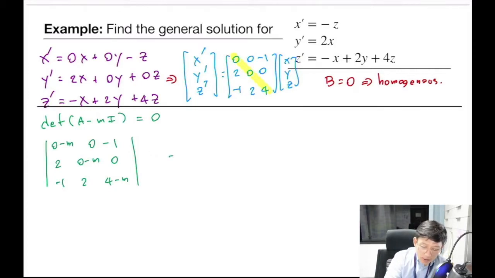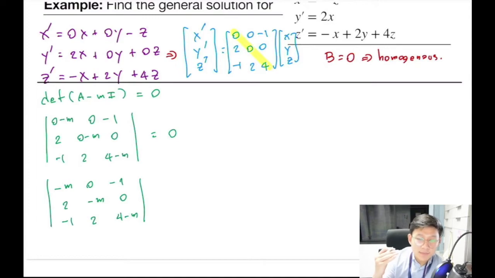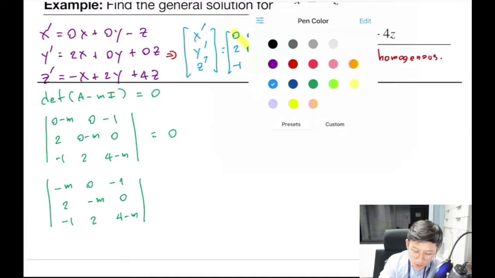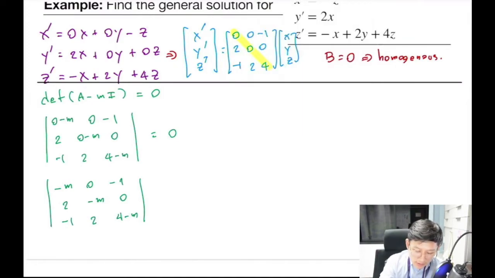Guys, do you remember how to do the determinant of a 3 times 3 matrix? If you don't, I'll explain a bit. So here we get minus m, 0, minus 1, 2, minus m, 0, minus 1, 2, and 4 minus m. To find the determinant, we just need to copy and paste the first two columns.